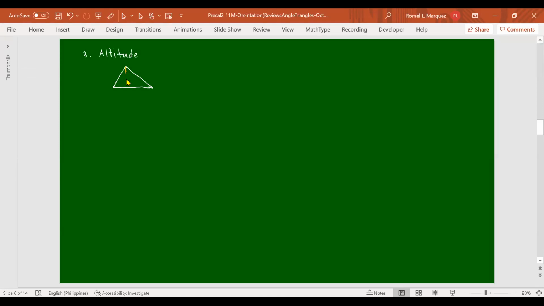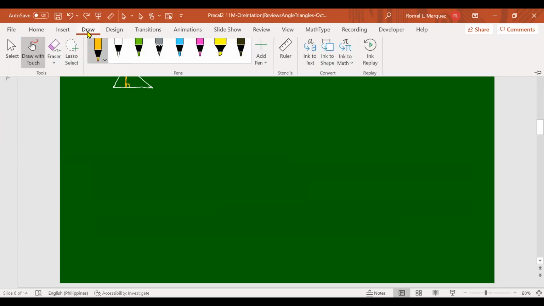So a line segment from one vertex perpendicular to the opposite side. So giving the height, no, of the triangle. Very important in dealing with area, no, of a triangle.